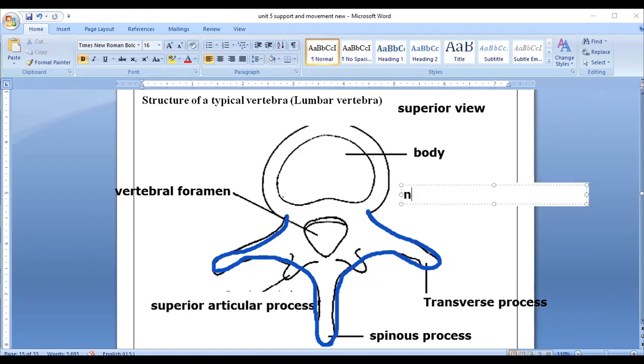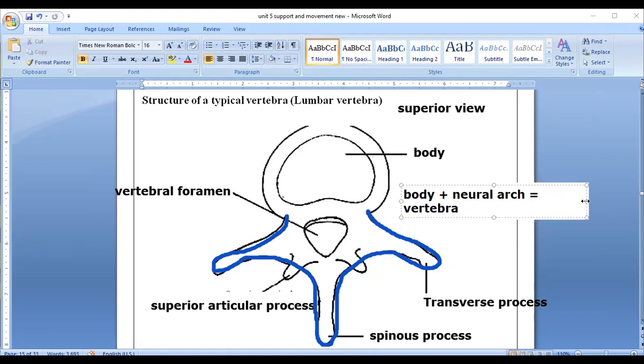What is the name given? Neural arc. A neural arc plus a body equals a vertebra. Understood?